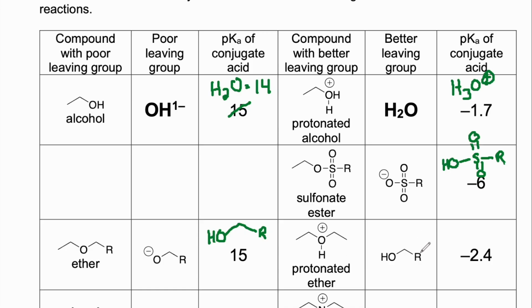Now it is a better leaving group because it's a very weak base. The conjugate acid of that weak base would be a protonated alcohol, which is very acidic. A very strong acid makes the conjugate base a very weak base, so that is a much better leaving group than this alkoxide ion, which is a stronger base.